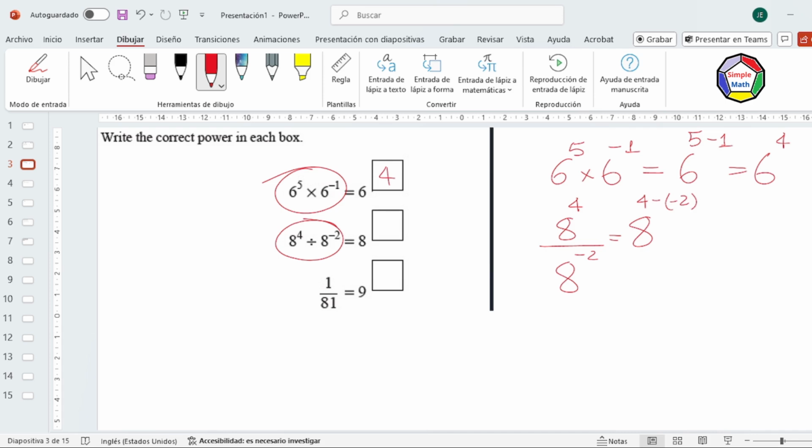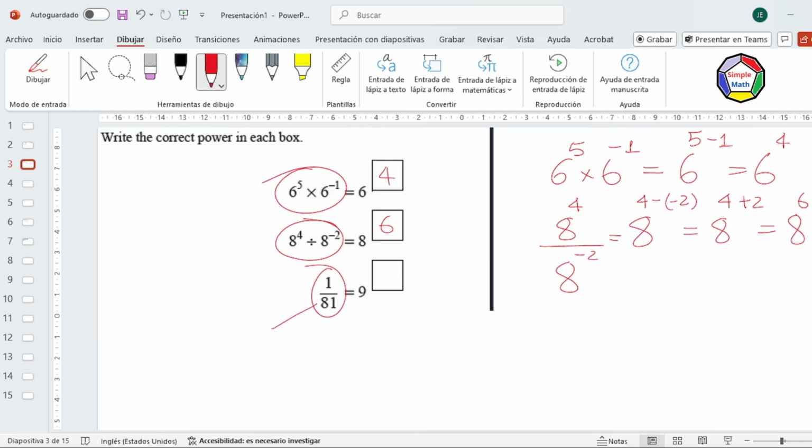Because this minus is the subtraction between the two exponents. So this is 8 to the power of 4 plus 2, which is equal to 8 to the power of 6. If we subtract a negative, we are adding: 4 plus 2 is 6, so 8 to the power of 6.